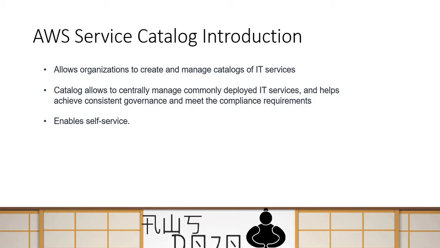Okay. It also enables self-service because the end users don't need to come to you all the time for creating resources for themselves. You have provided a service catalog. They can log into the service catalog, see the products which they are authorized to launch, and then simply launch those products to create the AWS services in a standard way.